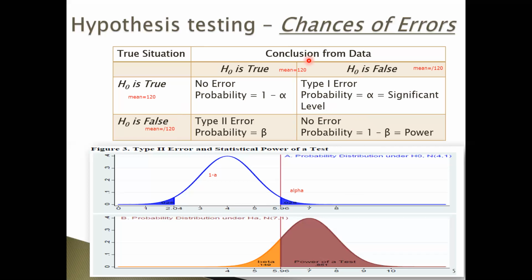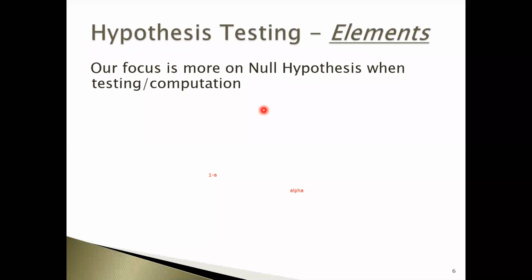So in our hypothesis testing, we work with these kinds of error. We work with all these four possibilities, but basically our main concern is with the null hypothesis. When checking the test statistic in the computation, because the null hypothesis contains the value of equality, the formula requires a single value.